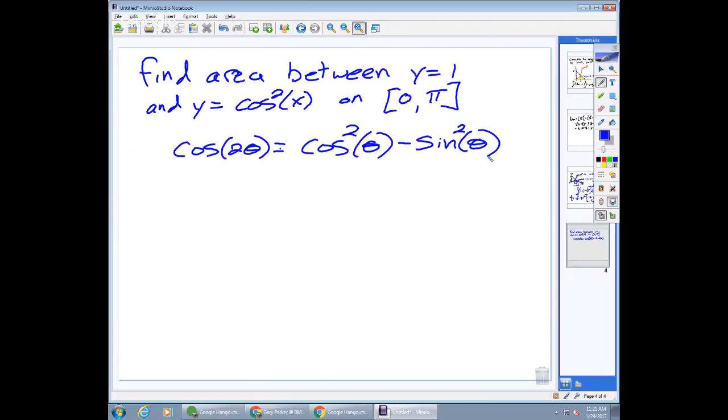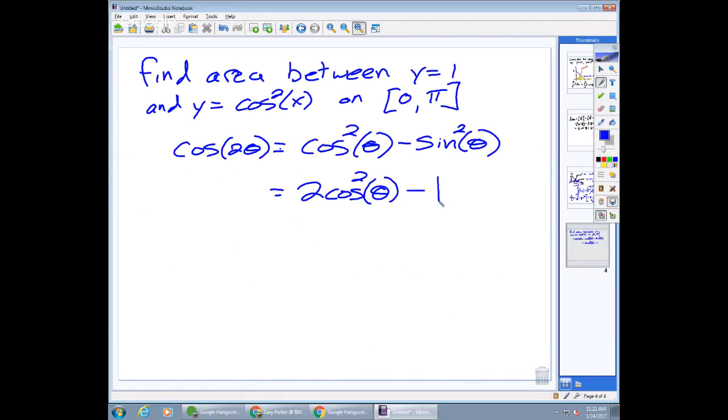And then if you combine that with the Pythagorean identity that says cosine squared plus sine squared is 1, you can substitute out either the cosine squared or the sine squared. So if I wanted to get rid of the sine squared, I could replace it with 1 minus the cosine squared. If I do that, then I can rewrite this as twice the cosine squared of theta minus 1.